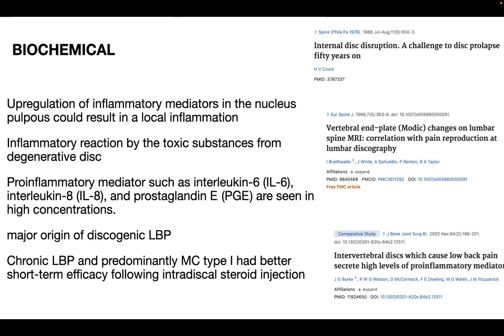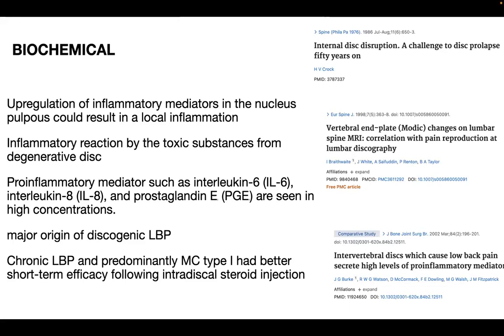The most common inflammatory mediators released are interleukin 6, interleukin 8 and prostaglandin. These are seen in high concentrations. So because of this, the major origin of pain for discogenic low backache was postulated.